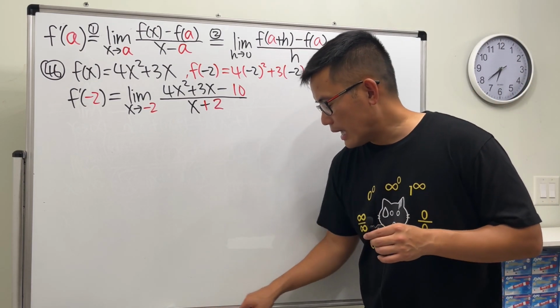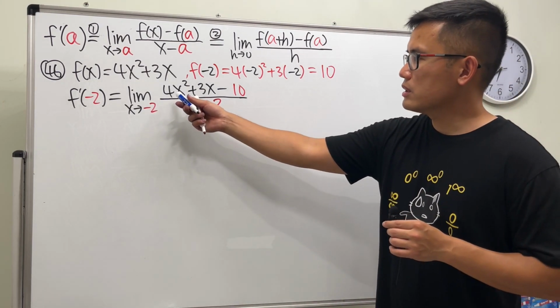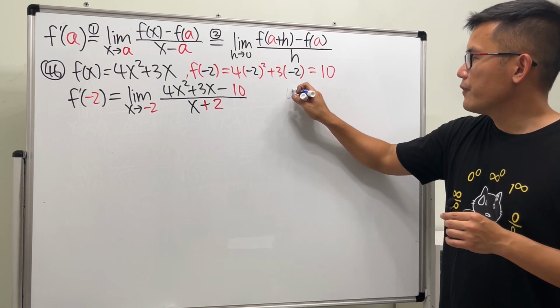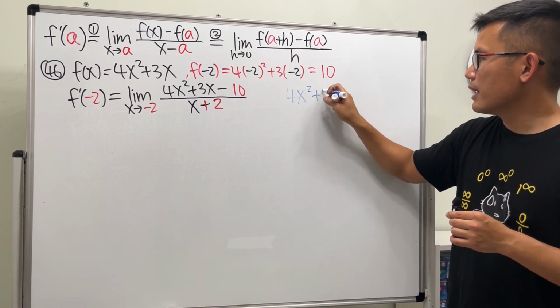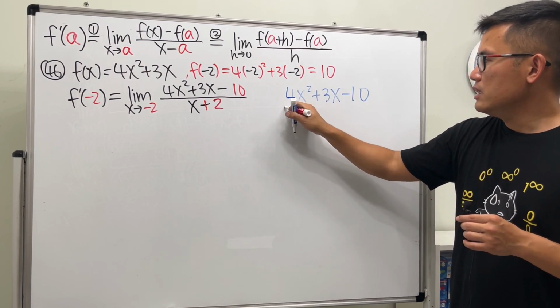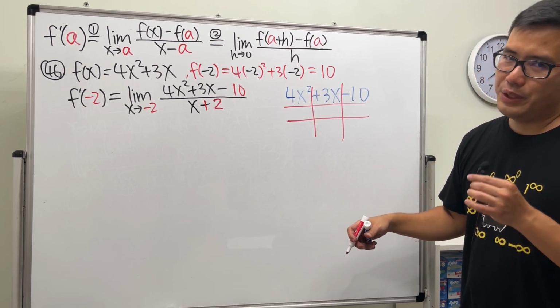Anyway though, how do we simplify this? We can actually just factor it. So let me put it down on the side. 4x squared plus 3x minus 10. No common factor, so we'll just do a tic-tac-toe right away. So, you know the deal.